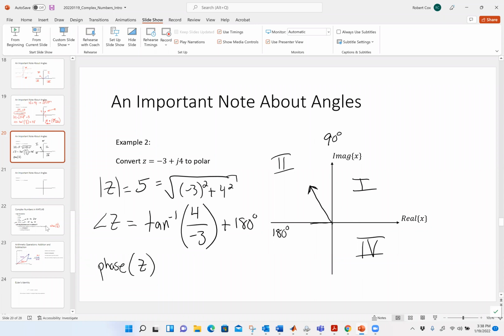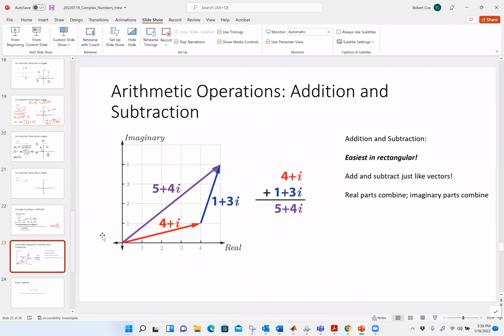Now, one thing we have to do a lot of is add, subtract, and multiply with these complex numbers. So the way I look at this is, let's say I've got two complex numbers here, 4 plus j and 1 plus 3j.